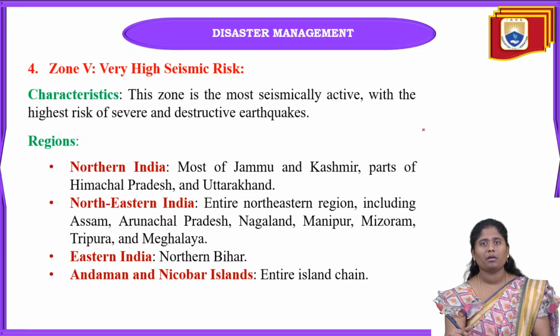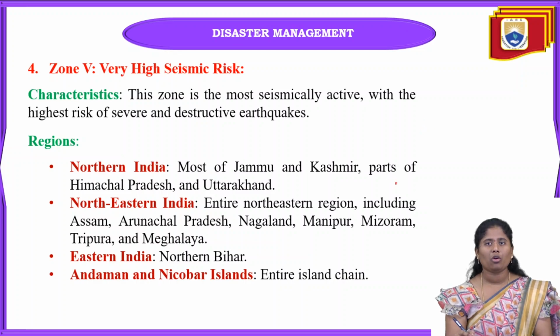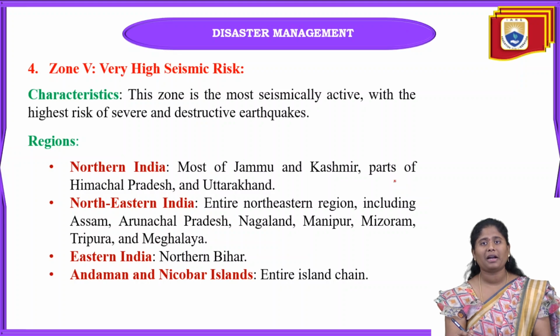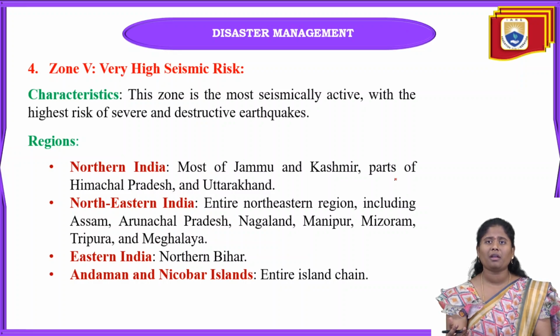And the regions that can come under this zone 5: first one is northern India, most of Jammu and Kashmir and some parts of Himachal Pradesh and Uttarakhand, these states come under this zone 5 only. Means they are very much prepared when an earthquake occurs, because they already know that their area comes under zone 5.